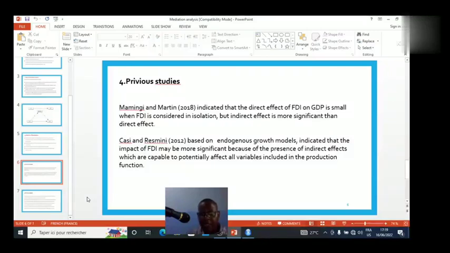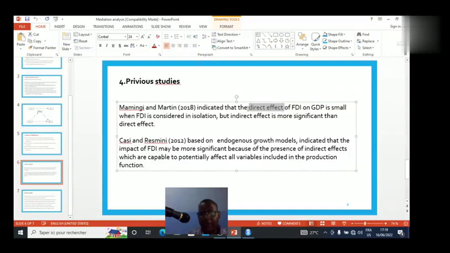I can use mediation because this author talks about direct effect and indirect effect. I can conduct a study to check whether this declaration is correct or not.